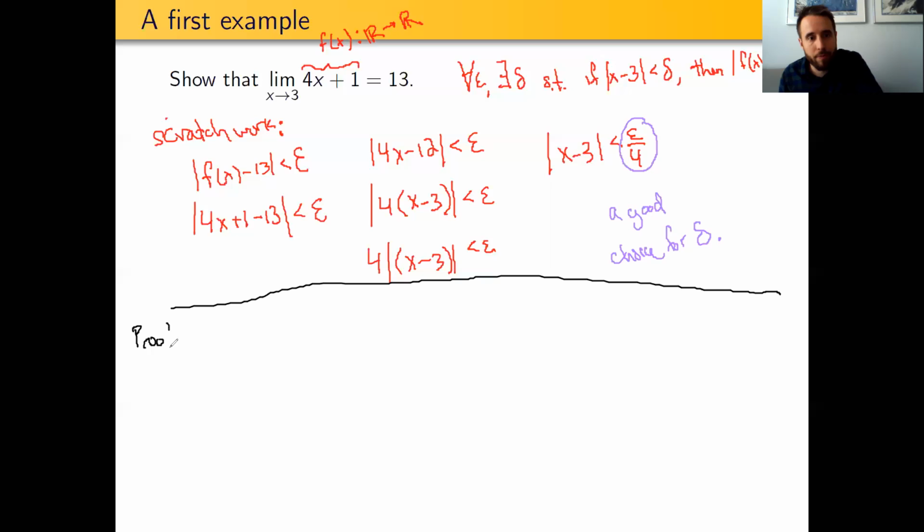So just like before, we want to start with an epsilon. So we want to say let epsilon be a positive number. And then we want to define how we're choosing delta. So let's choose delta to equal epsilon over 4.